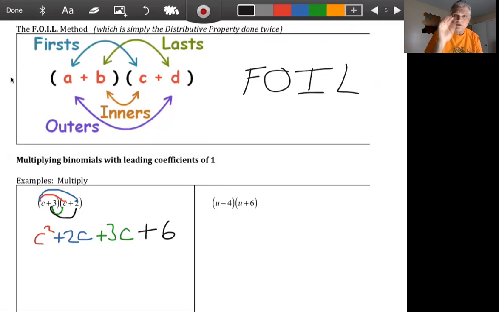But for those of you that are interested in FOIL, this is what it said, and look at the picture up on the top here. When we multiplied C by C, those were the first terms in each set of parentheses. So that is the F in FOIL.